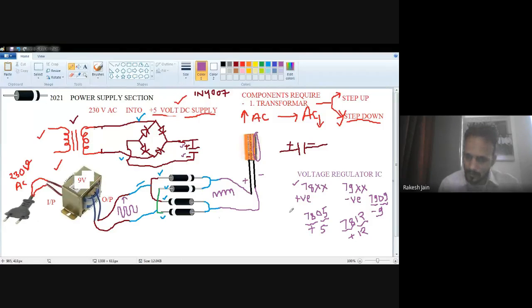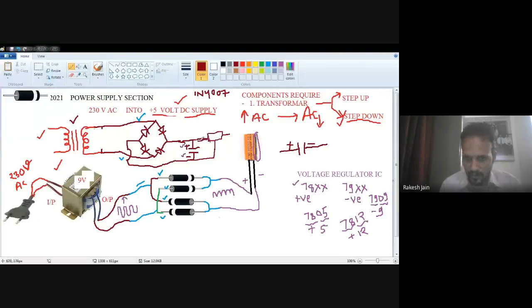That is a 3-pin IC, so I made a symbol over there. There are 3 terminals of this IC. The middle terminal is always the ground terminal, which means we have to connect it with the minus of the capacitor.